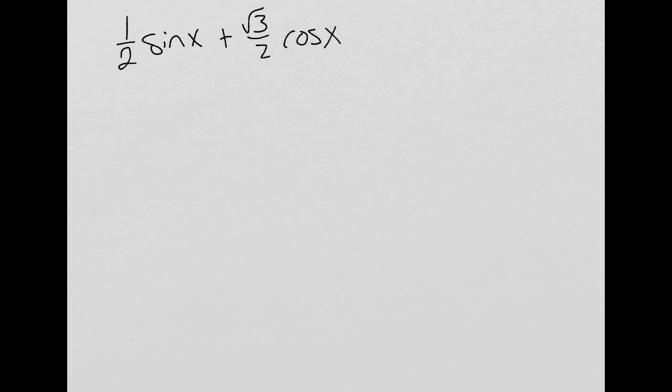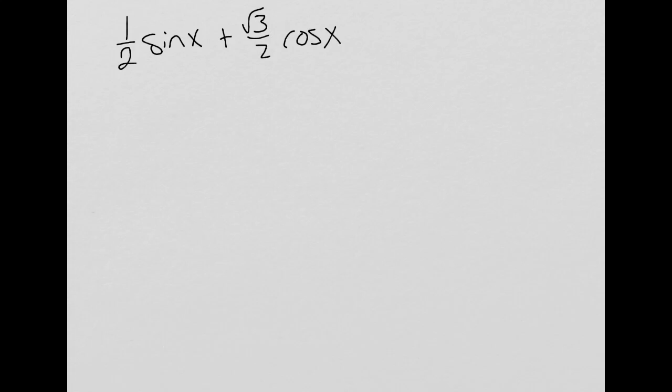Now what would be great is if I can turn this into something that looks like one of my additive identities. The addition here is a little bit weird, right? The addition is in between these two things, so it's not like I've got sine of x plus y or cosine of x minus y or anything like that. But what I do have is this 1/2 and this root 3 over 2, and those, conveniently enough, can be expressed in terms of trig functions.